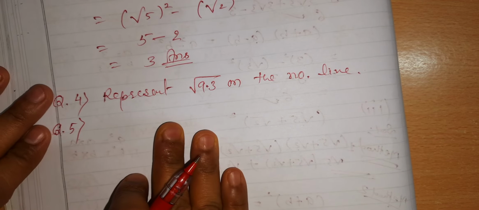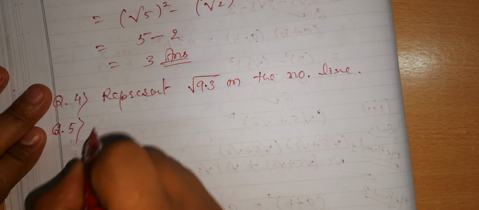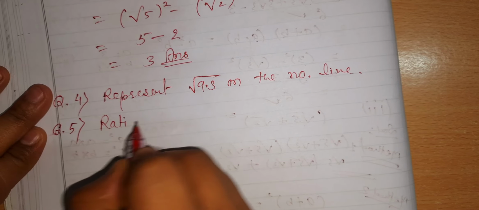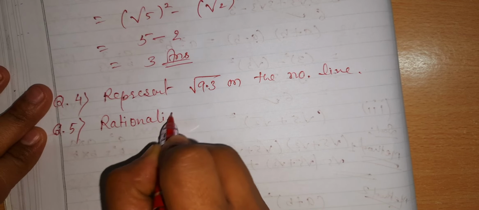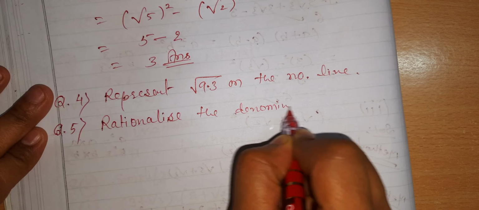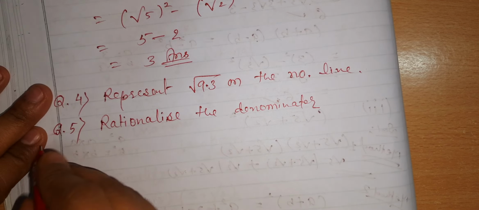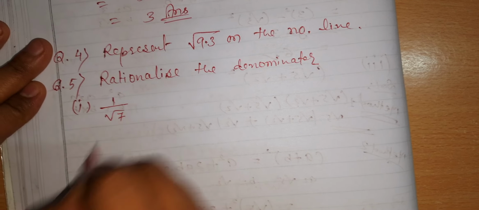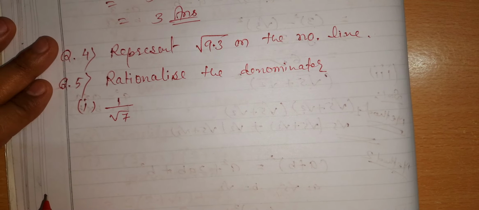The last question of this exercise is question number 5. Rationalize the denominator of the following. So the first number they have given is 1 by root 7, which is very simple.